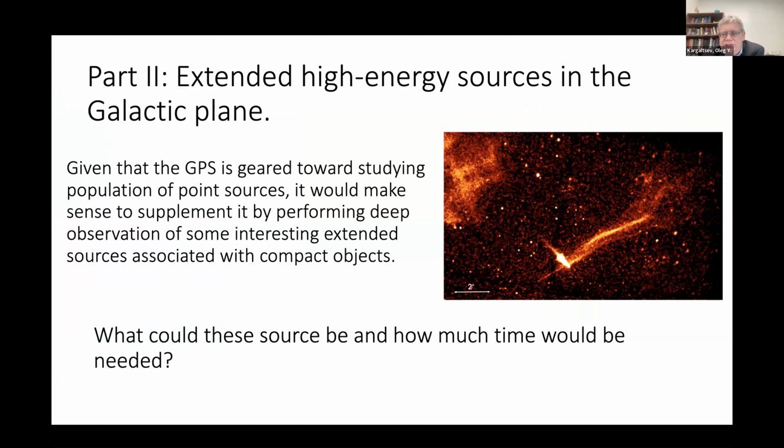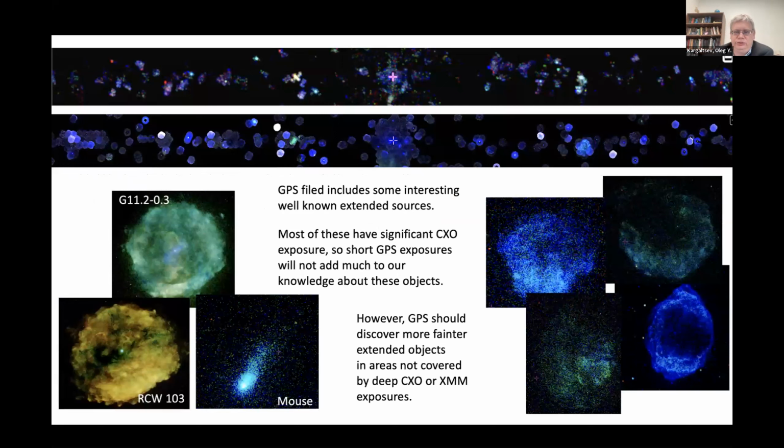There is another important kind of source in the galactic plane: the high energy extended sources associated with relativistic outflows, with non-thermal particles that are ultra-relativistic. So the question one can ask is, will we see those in the GPS, and what needs to be done to study those objects with AXIS, because AXIS is designed perfectly for studying this kind of object thanks to its sensitivity and high angular resolution.